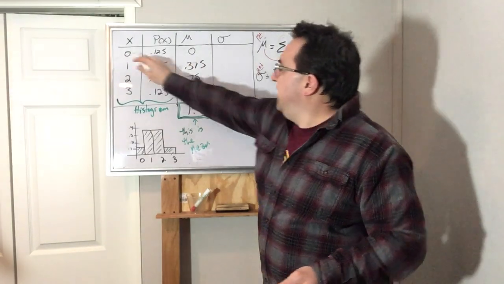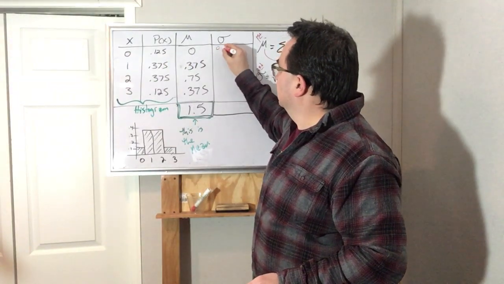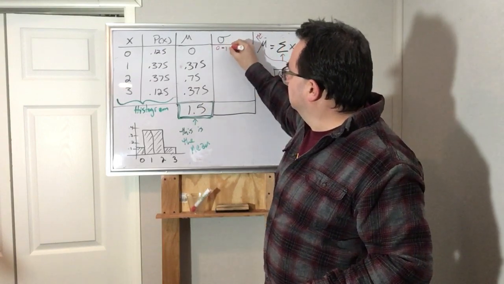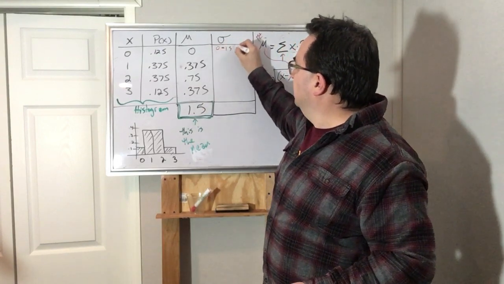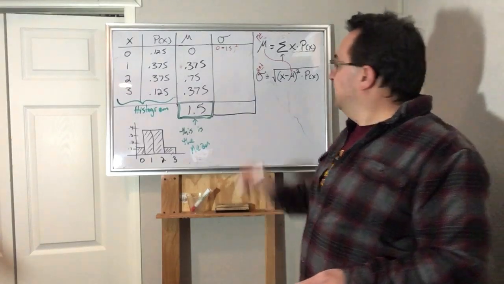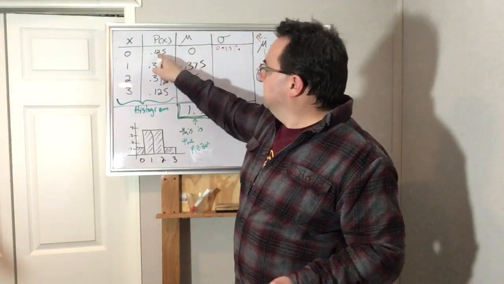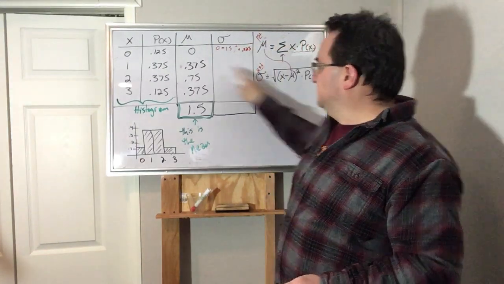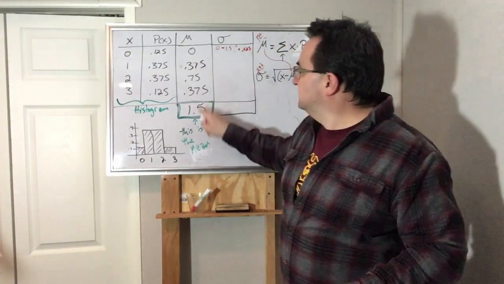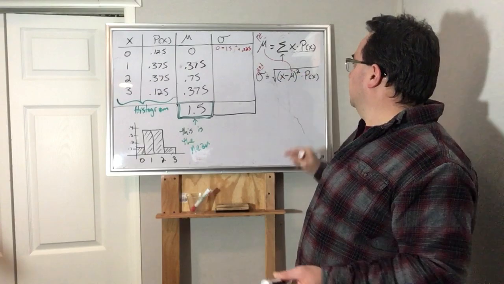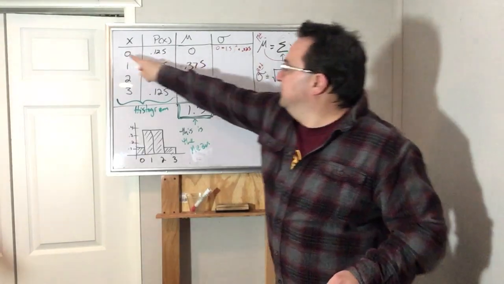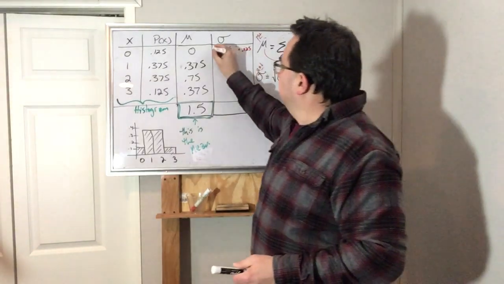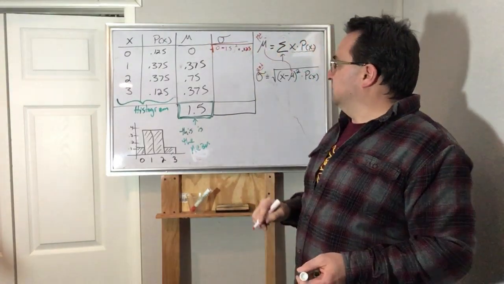So I'm going to go x, 0, minus the mean, 1.5, and I have to square that difference. And then I have to multiply by that probability. Right? So it's this x minus the mean squared times the probability that goes with that x. See, those are packaged together. And by the way, don't forget to square root it.